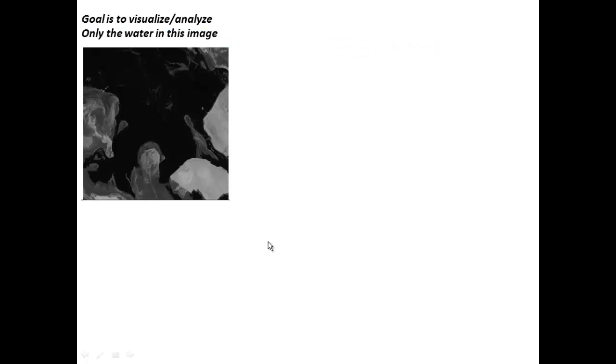So a mask, an image mask, is a way to mask out pixels from your image. And these might be pixels that you don't want to include in your analysis or that you don't want to visualize. And maybe you want to set them to some no data value or set them to some background value. So in this example, we're going to consider a body of water in this bay.